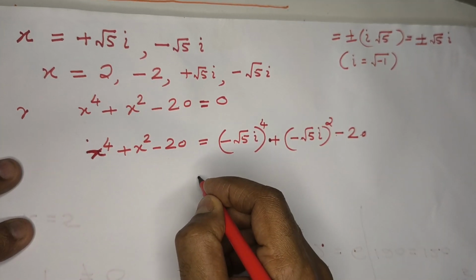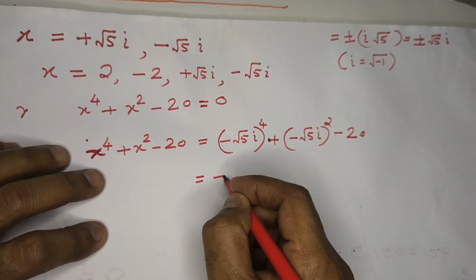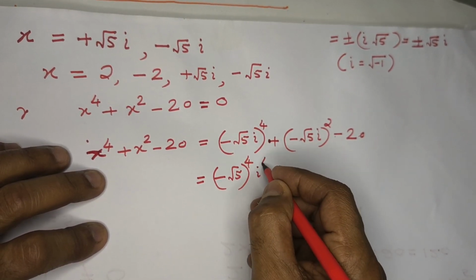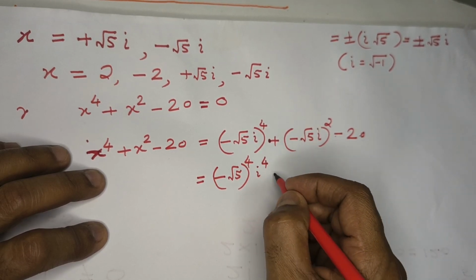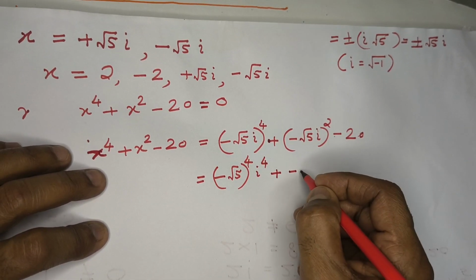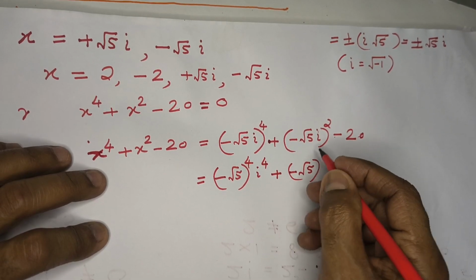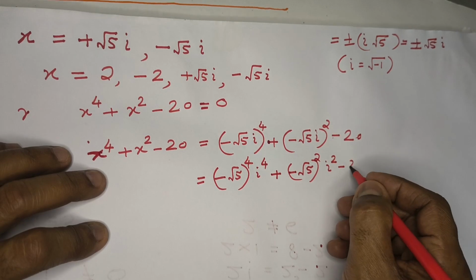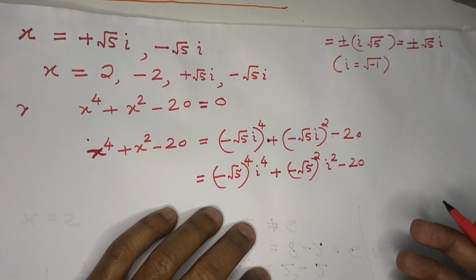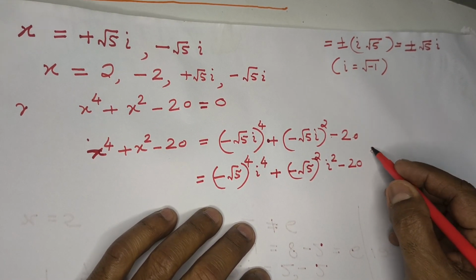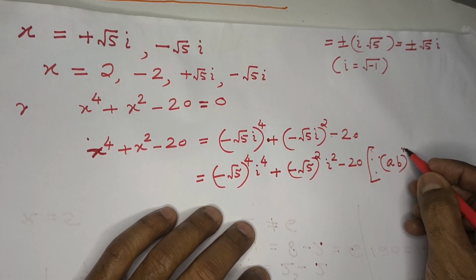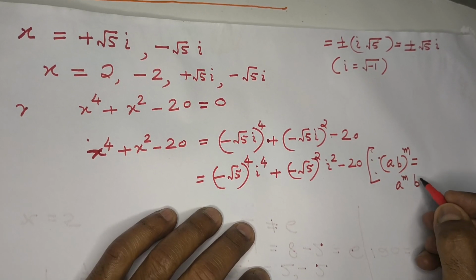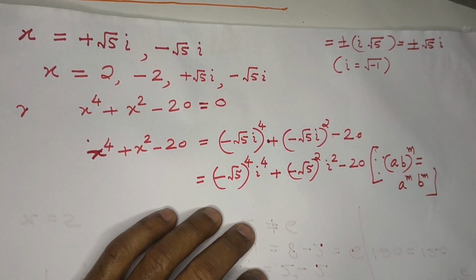Now let me simplify this. This will be root 5 the whole raised to 4, I power 4, plus minus 5, minus 20. I'm distributing the exponent. The exponential rule I have applied is this: (AB) power m equal to A power m B power m.